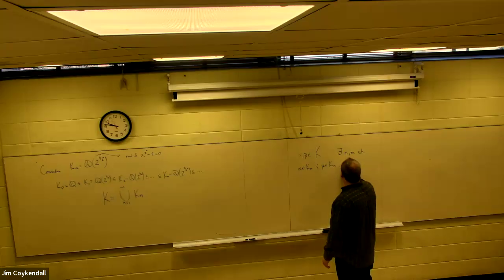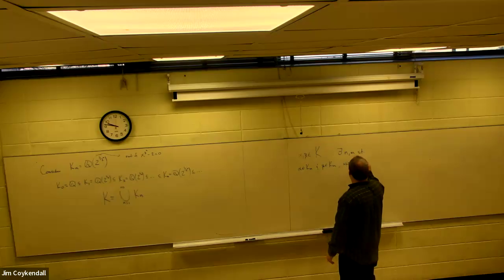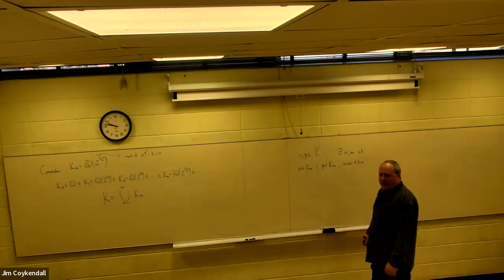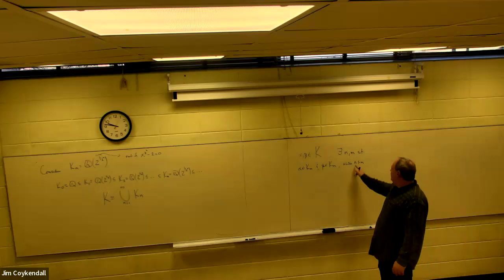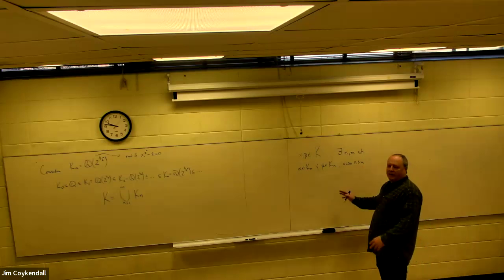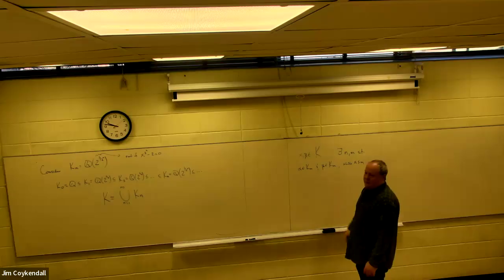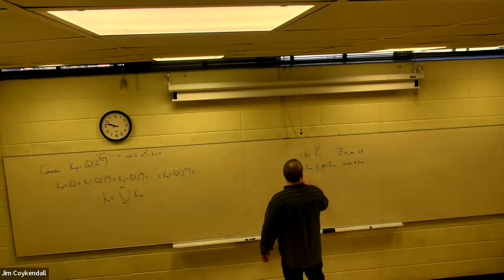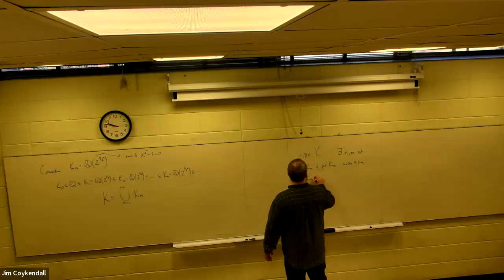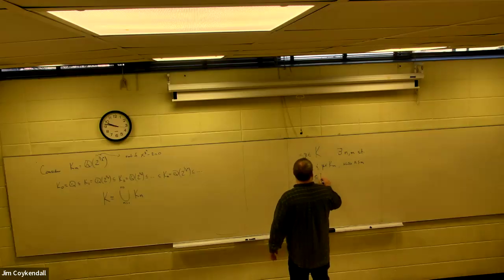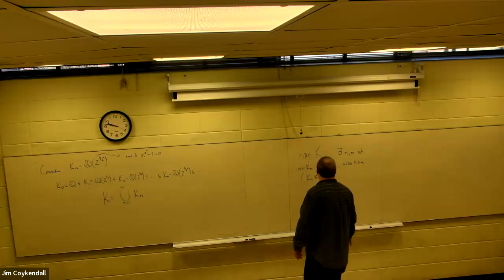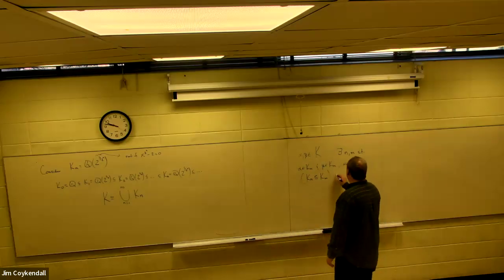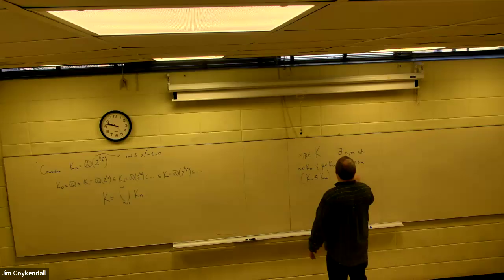Notice that without loss of generality, n is less than or equal to m. And if that's true, what can you say about the relationship between Kn and Km? Therefore, alpha and beta are in Km.